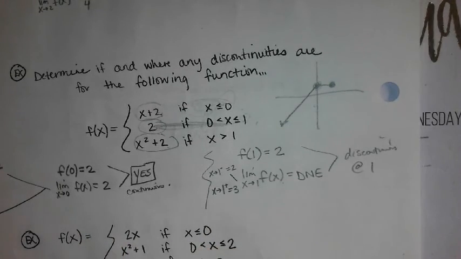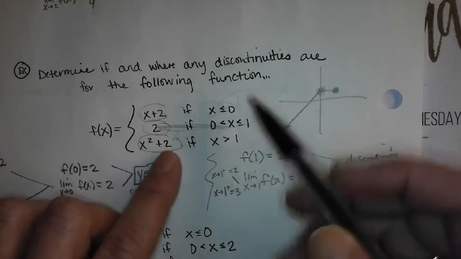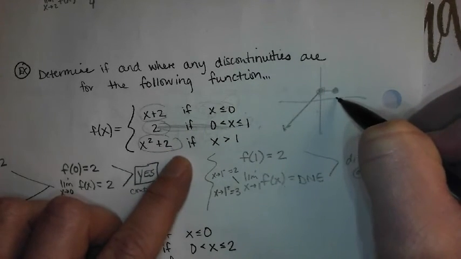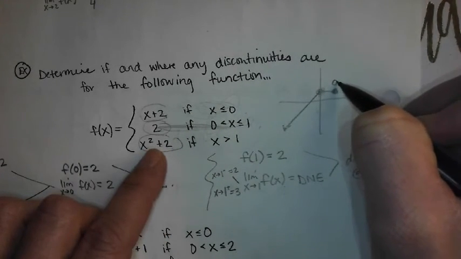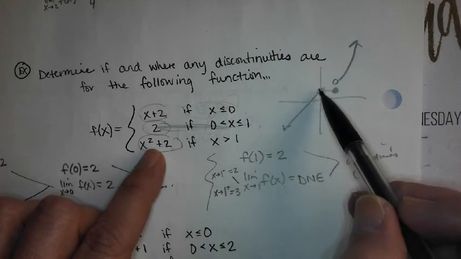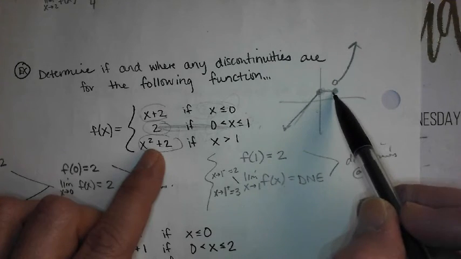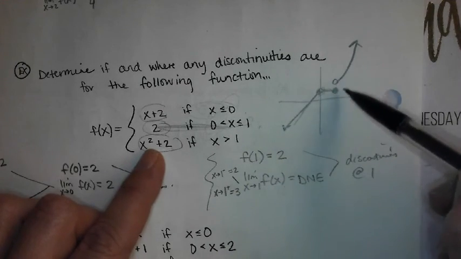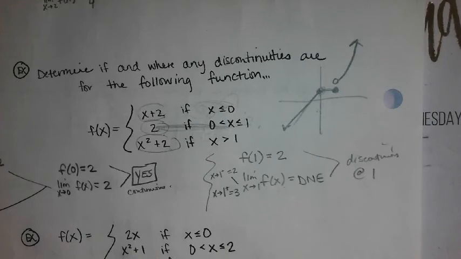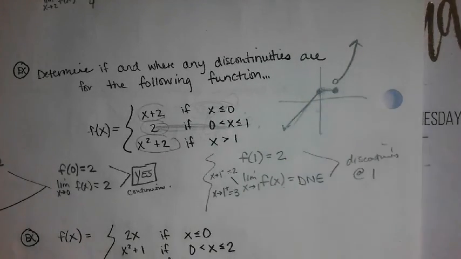So those two pieces of the piecewise function come together, and then your third piece, when x is greater than 1, starts at 1, 3, and kind of does that. So we have continuity here at 0, luckily, it's kind of a lucky thing, and we don't have continuity at 1. We have a limit at 0. We don't even have a limit at 1.